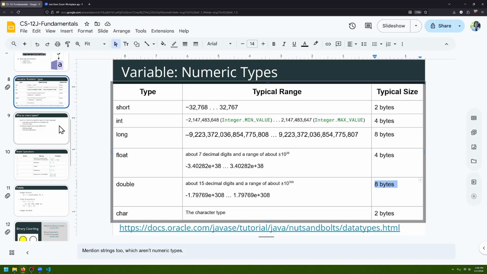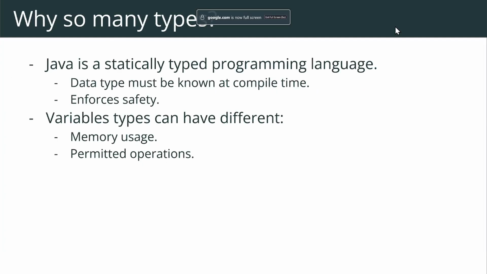Folks might be wondering, why are there so many types? So maybe you have come from a Python programming language. In Python, you don't have to specify the type because Python is not a compiled programming language. But in Java, this is one of those languages that's called statically typed.